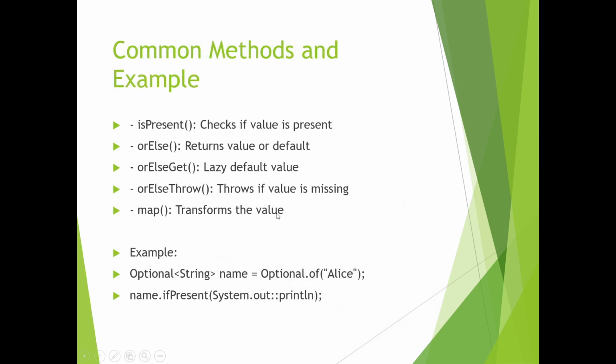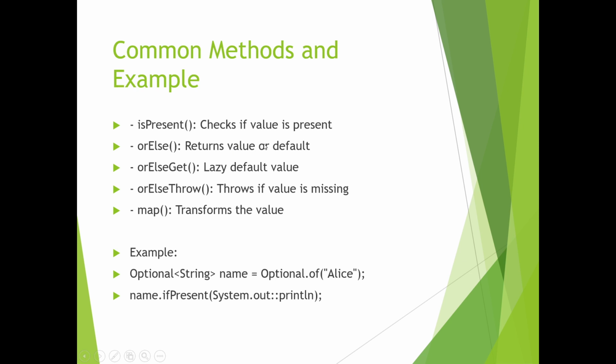Now let's come to the next. We have a few common methods for the Optional class. We have isPresent, which I already explained. Or else, basically you have a container. In this container, if a value is present, then it will return the value, otherwise it will return the default value.